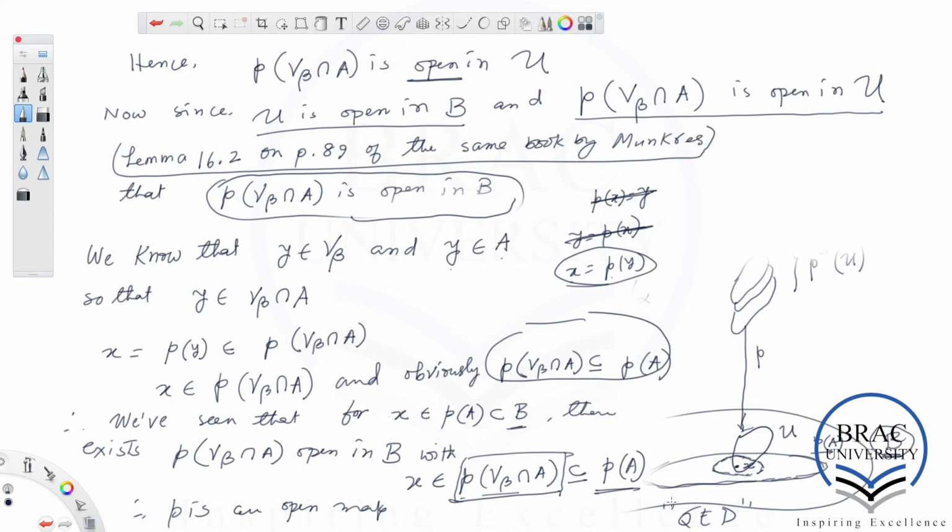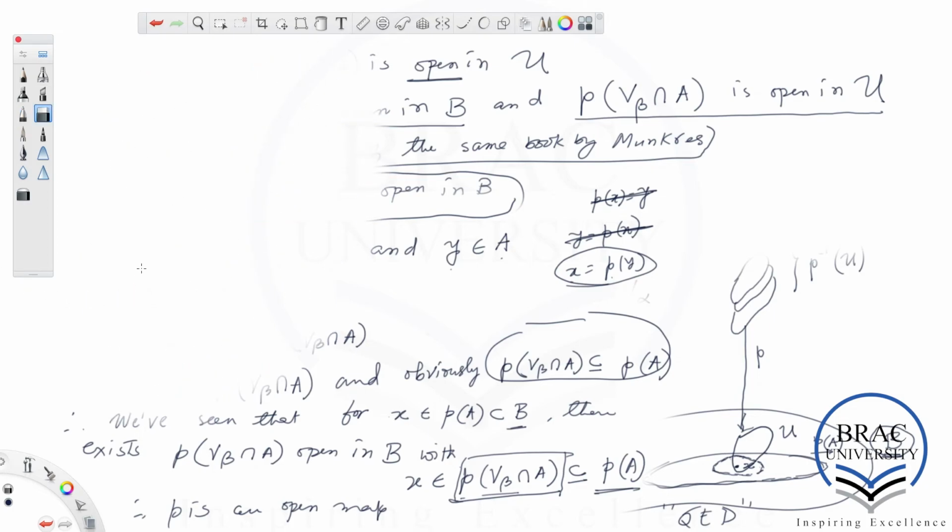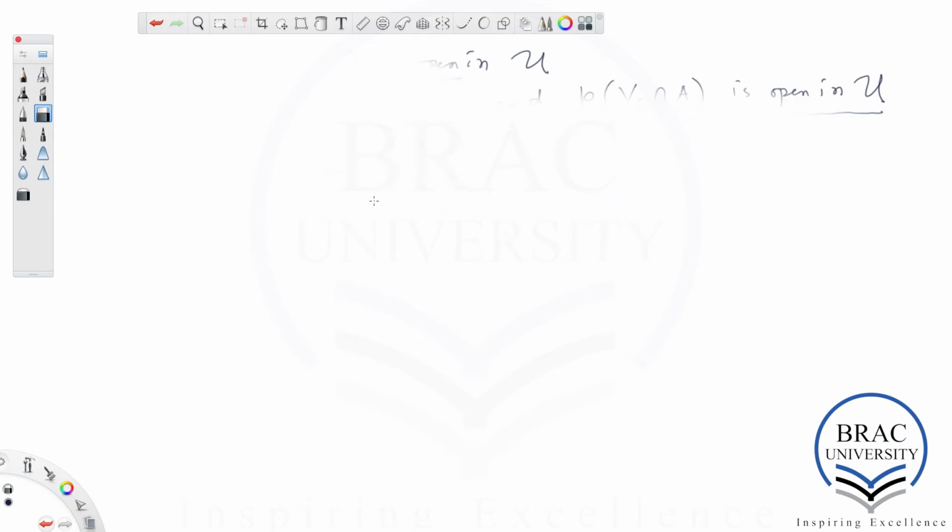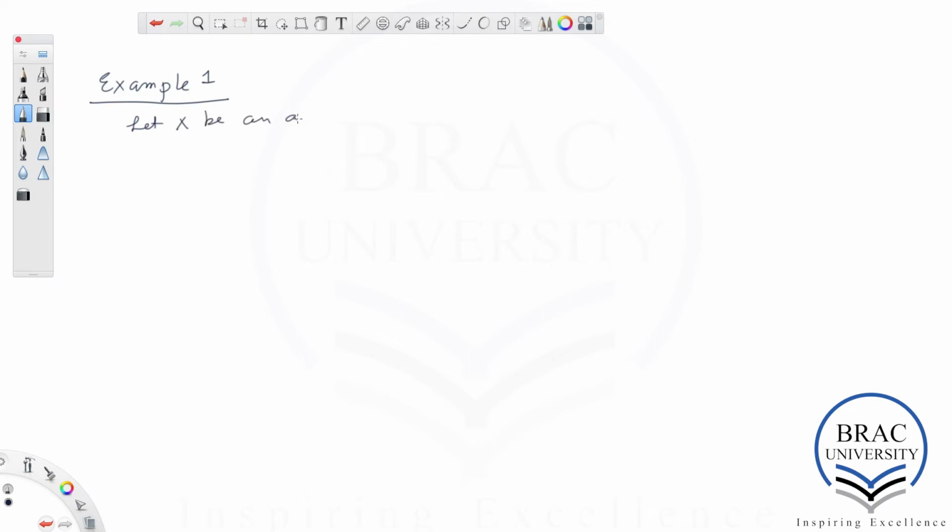Now we study an example of a covering space. The first example is a sort of trivial example. Let me give you this trivial example first. Let X be an arbitrary topological space.